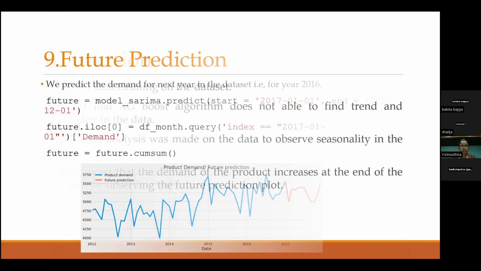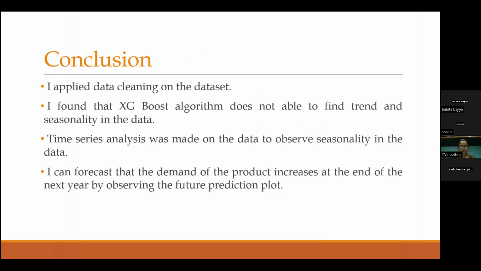So in conclusion, I can say that we have applied all the pre-processing steps from data understanding to data cleaning and feature engineering, and I have found that the XGBoost algorithm was not able to find the trend and seasonality in the data, and it was not able to predict the demand values accurately.